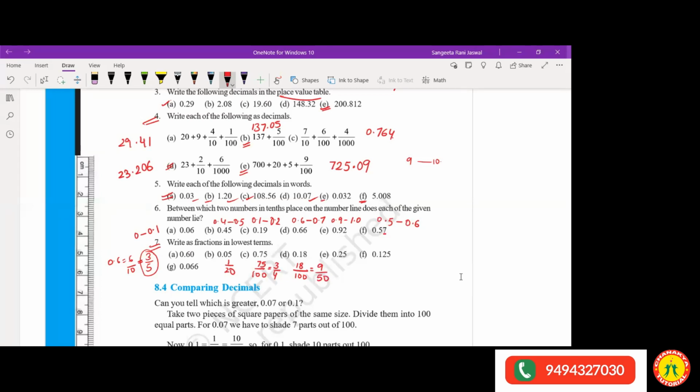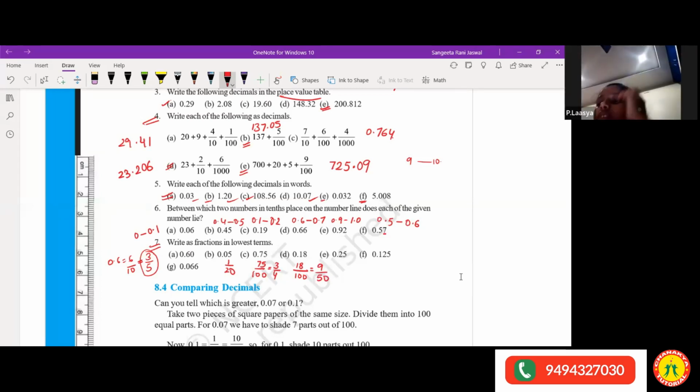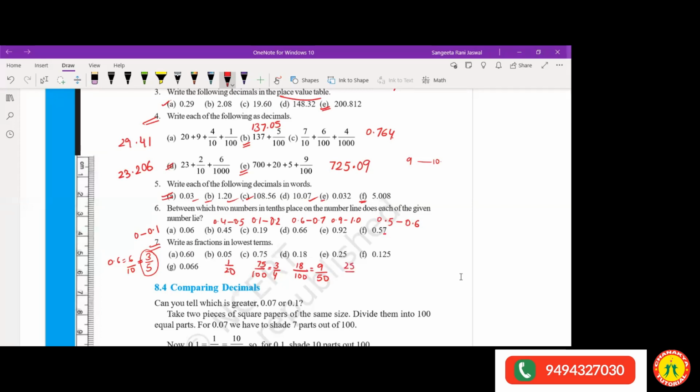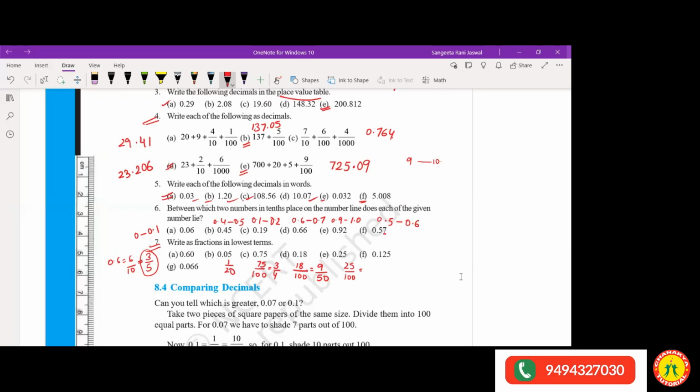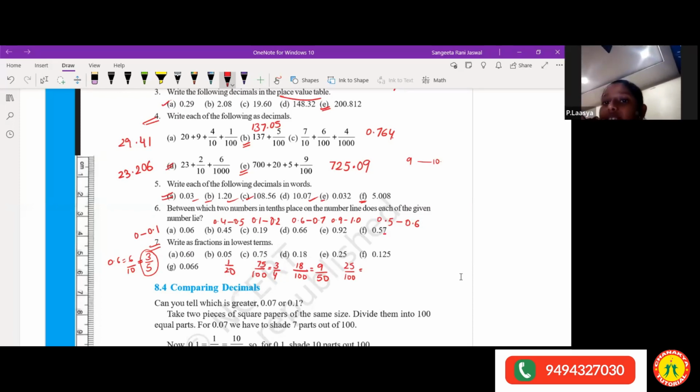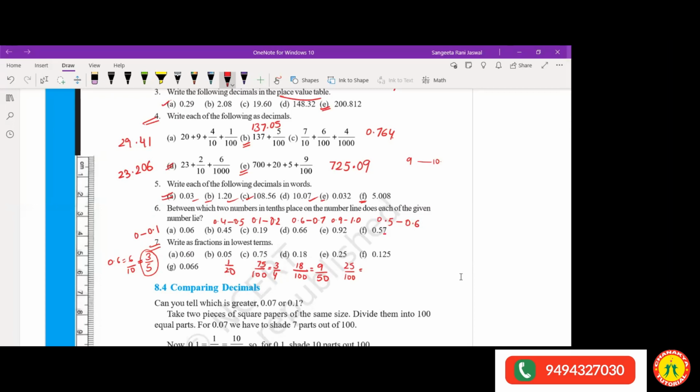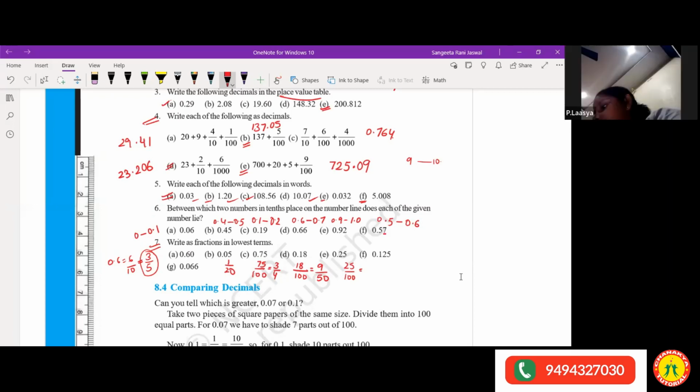Okay. Last year, you tell me this 0.25. 25 by 100. Yes, now you reduce it by dividing both numerator and denominator by the same number. Can I do it with 5?